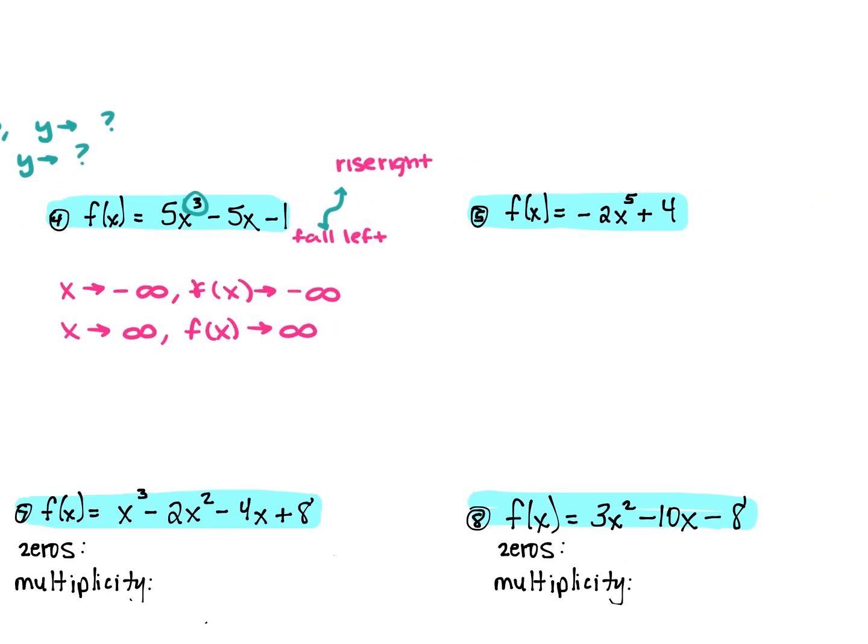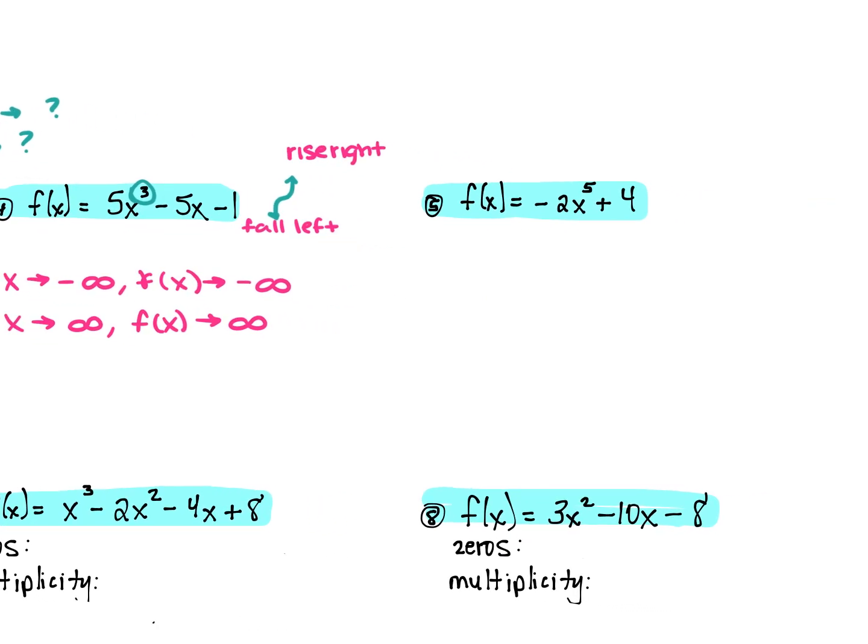For number 5, we have f of x is equal to negative 2x to the 5th power plus 4. For this one, we have an odd power, but our a is negative, which means our graph is going to go up to the left, down to the right. So if you want to say that this is rising left, falling right, you can.